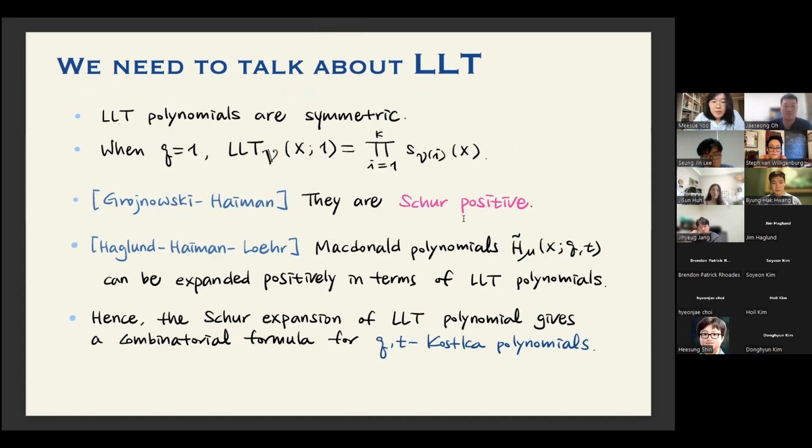Oh, but before we consider the unicellular LLT polynomials, let me say something about LLT polynomials. Why are they important? So LLT polynomials are symmetric. And when q equals 1, those are nothing but the product of skew Schur functions. So this could be considered as a q-deformation of the product of skew Schur functions. And Grojnowski and Haiman proved that they are Schur positive. So it's an important question to get the combinatorial formula for the Schur coefficients of LLT polynomials.